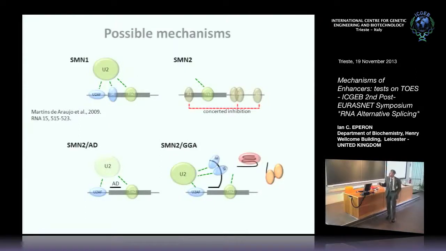And the problem for SMN2 was that the contribution of this SR protein to recruiting U2AF was eliminated by the absence of this SR protein, because A1 was perhaps replacing it, so you weren't going through the initial recruitment of U2AF. U2 was therefore not bound, but U2, they argued, was probably dependent upon this TRA2, which would be bound here. So in SMN2 you've got the TRA2, but it's not enough on its own for recruitment of the U2 snRNP.